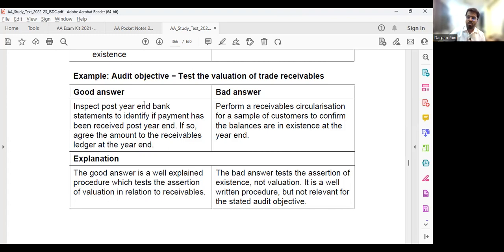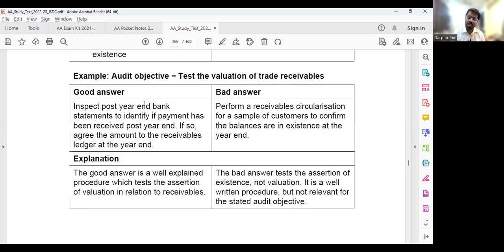You are checking whether that opposite person which has been listed as a debtor in this company is actually existing or not. That is what you're checking.